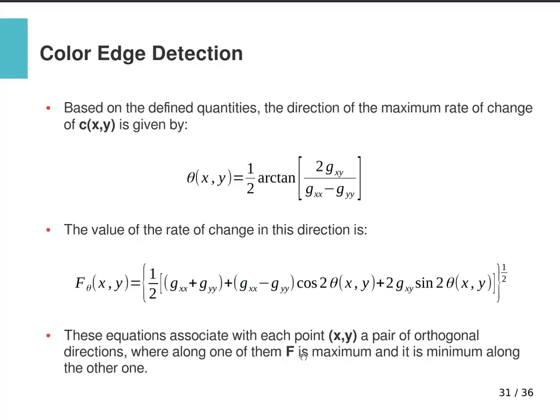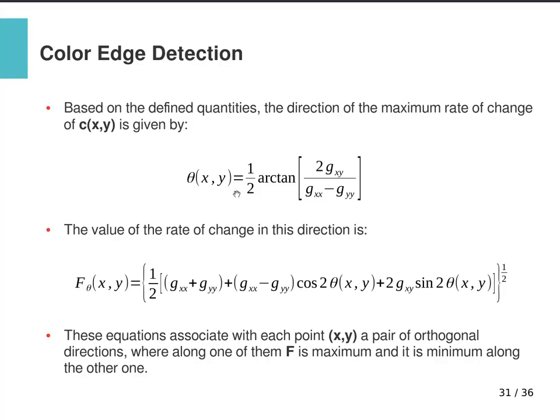Now based on these defined quantities, we can define the direction of the maximum rate of change of c(x,y), where c(x,y) is the color image. Theta(x,y) equals 1/2 arctangent of 2 g_xy divided by g_xx minus g_yy. This represents the direction of the maximum rate of change.